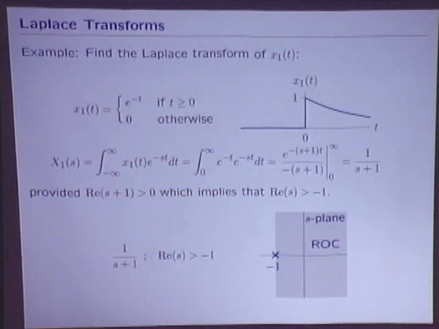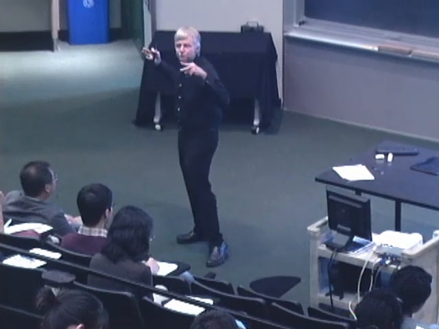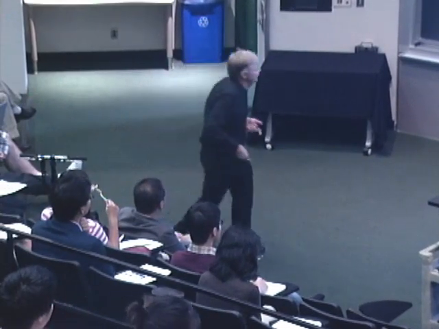So here's probably the simplest Laplace transform we'll look at. What's the Laplace transform of a function of time that exponentially decays with positive time and is 0 for time less than 0? As you might expect, the first transform we'll do involves simply plugging that mathematical formula into the definition.